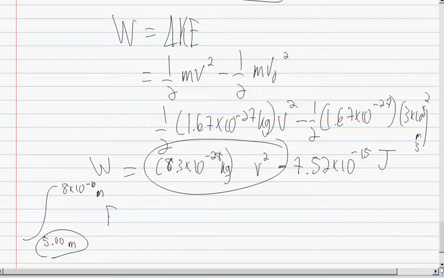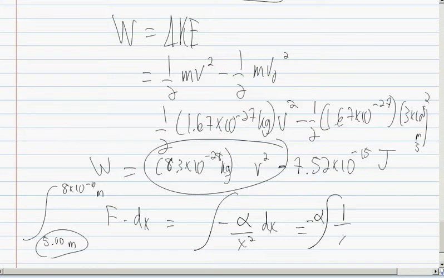It's going to be force times dx, which in our case is going to be minus, because it's going in the opposite direction of our motion. Is it alpha? Yeah, alpha over x squared dx, which is basically going to be negative alpha times 1 over x squared dx.